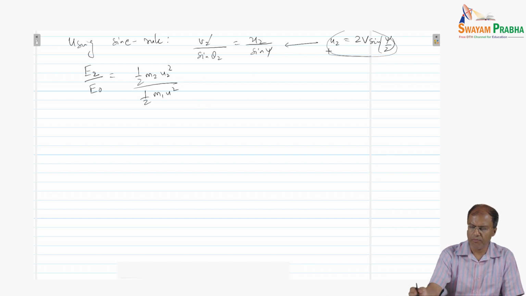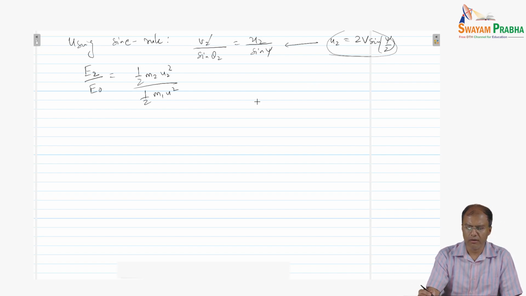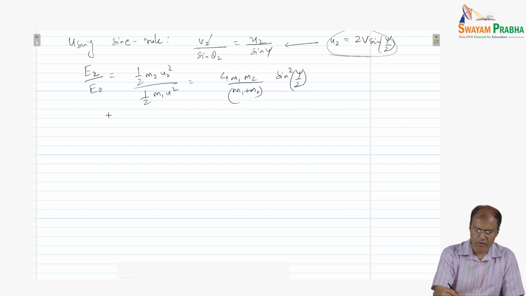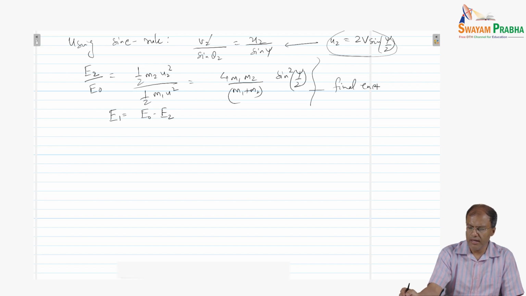And again we plug in all these values of u2 and the other values, we see that this is equal to 4 m1 m2 by m1 plus m2 times sine square psi by 2, right? And of course, this is elastic collision, so we have that E1 is E0 minus E2. So these are my final energies, right?